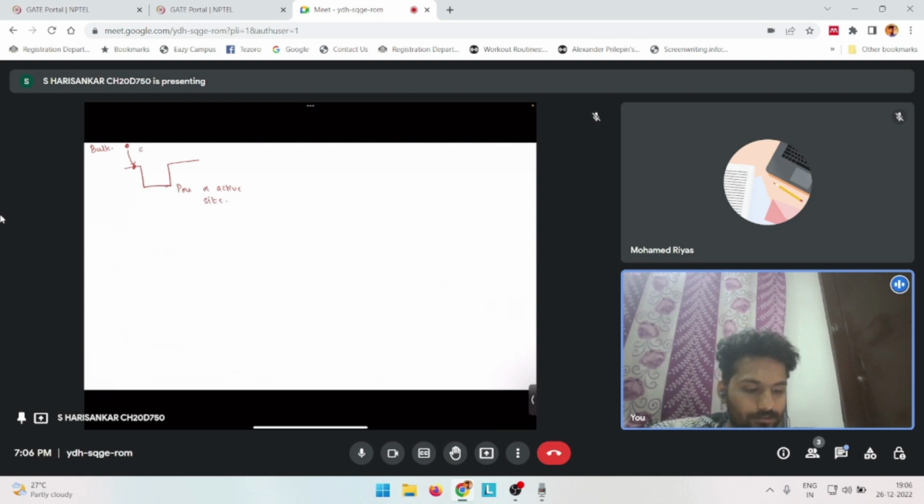This is called external diffusion. Then the particle has to diffuse into the pore or the active site of the catalyst, and that is called internal diffusion. And then the particle has to get adsorbed, then react and desorb after forming the products. So these are the various steps that happen in a catalytic reaction.